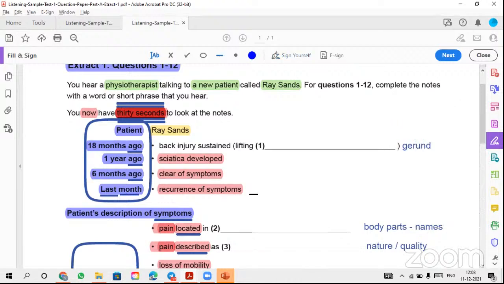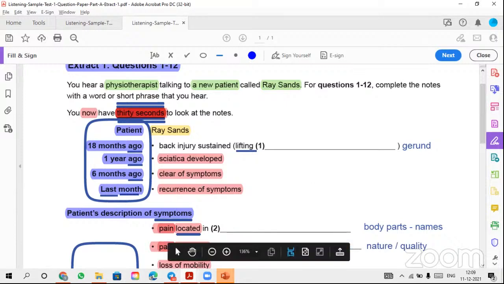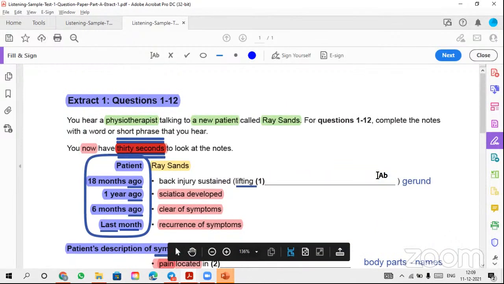Gerund means a noun, a verbal noun. Gerund means while doing something, during doing something. So during an activity. Gerund is very important. So first question, I'm teaching you vocabulary now. Vocabulary is very important.